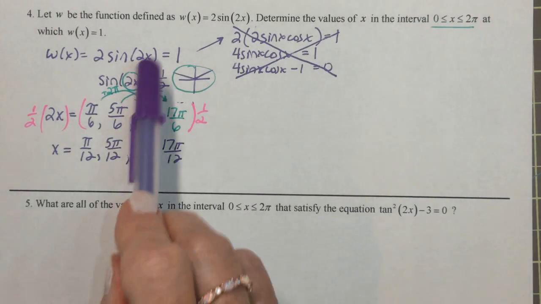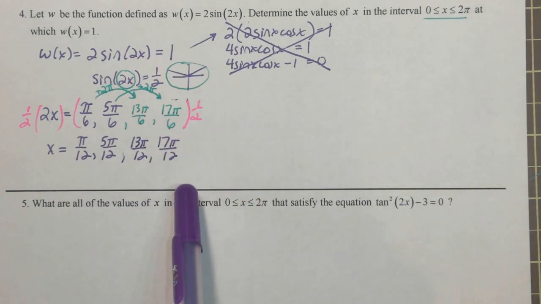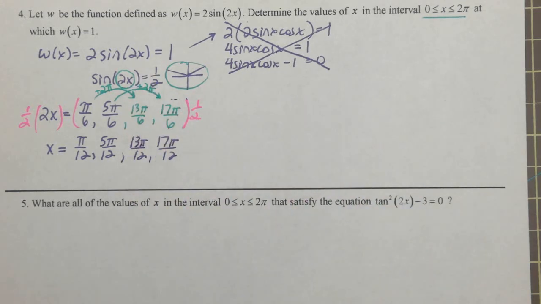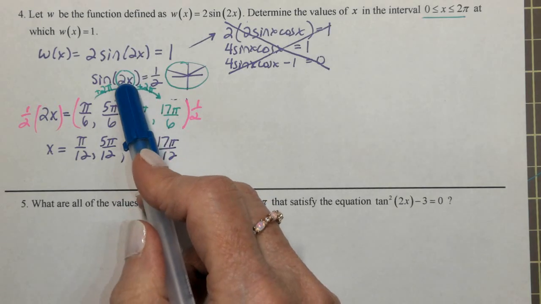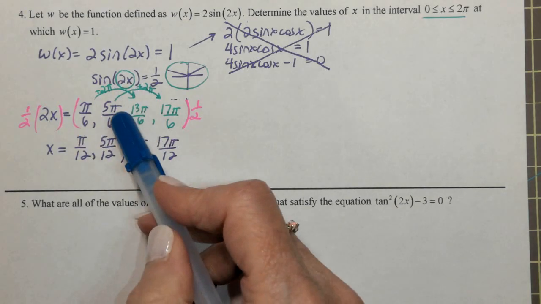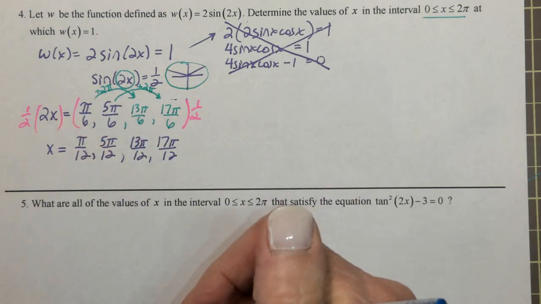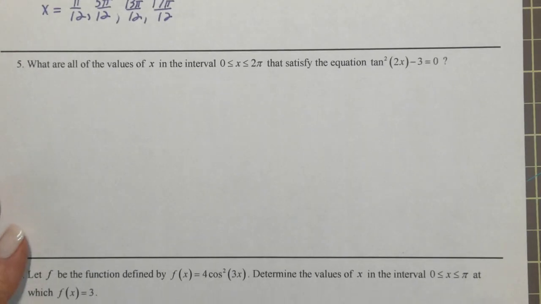So 2x doubled the number of original answers. If you have a 3x, you'll triple the number of original answers, and so forth. If you have a half x, one of these would end up being too big and you would only keep the first one. Okay?